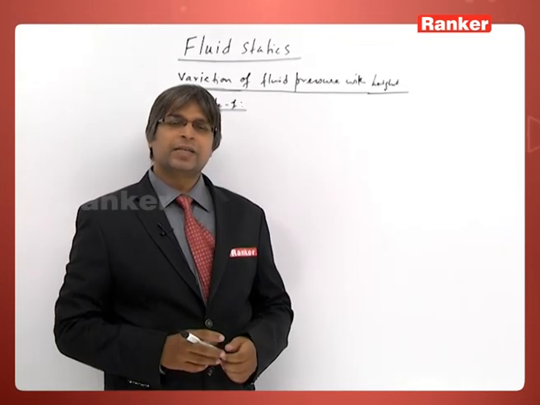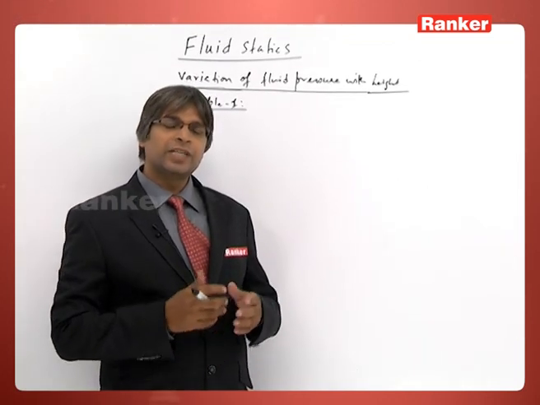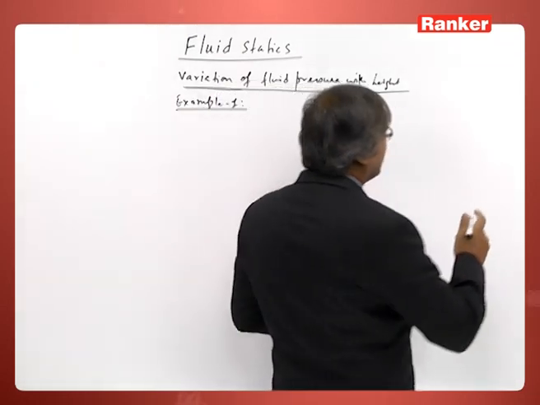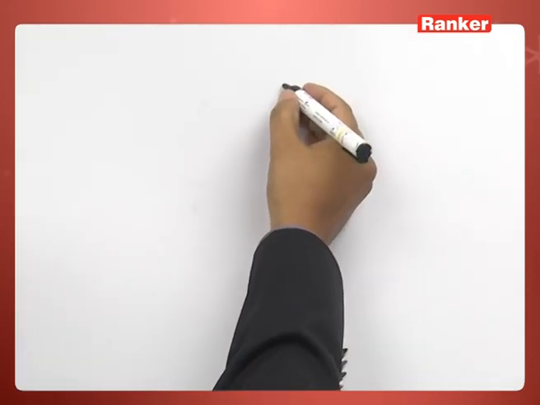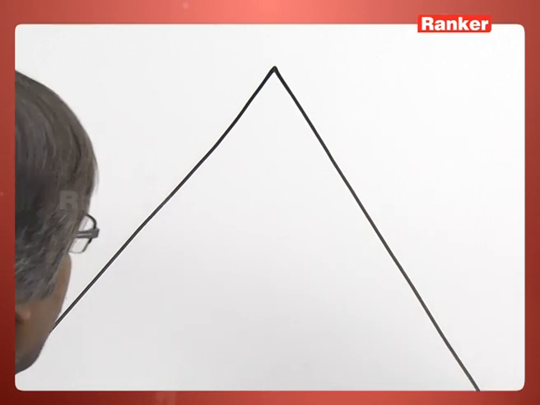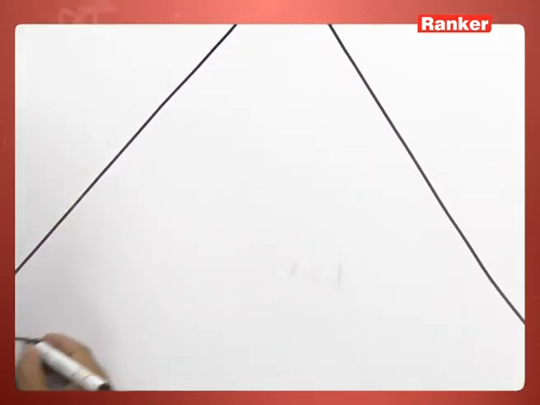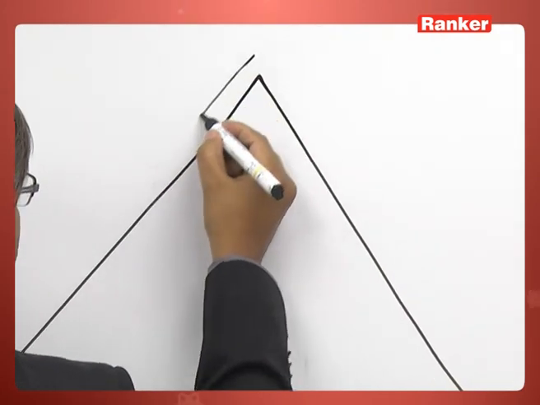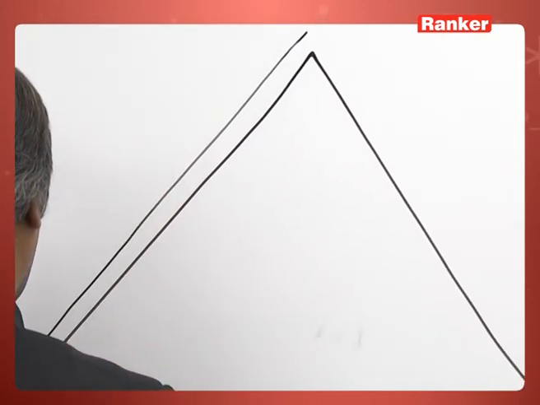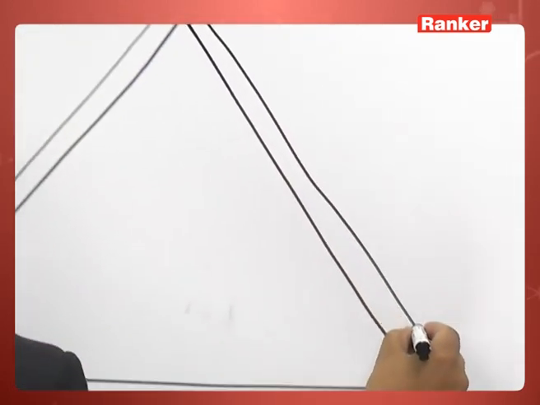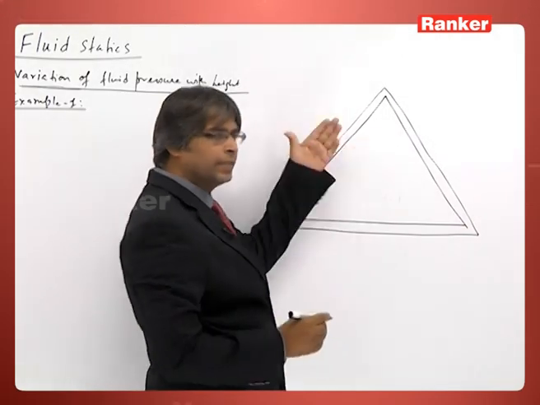Now, let us take some examples to show how pressure varies with height. So, we have a tube, a hollow tube, in the form of an equilateral triangle in a vertical plane.